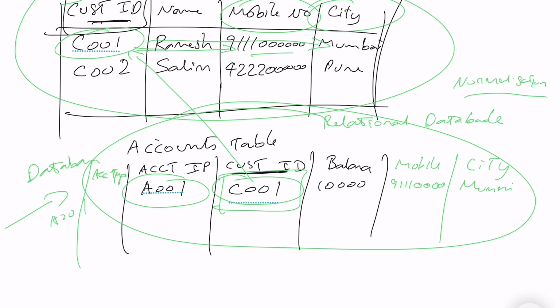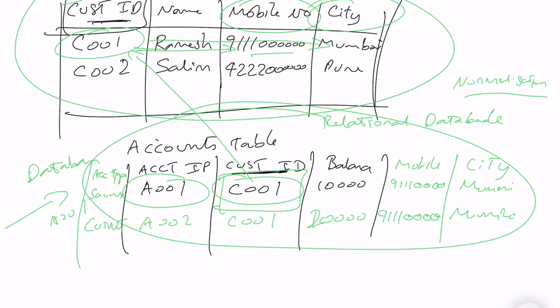Let's say this is savings, and there is another current account, 002, customer ID is same, and maybe balance is 20,000. Again I have to enter the number over here, and city over here.